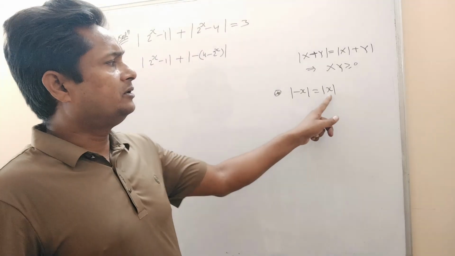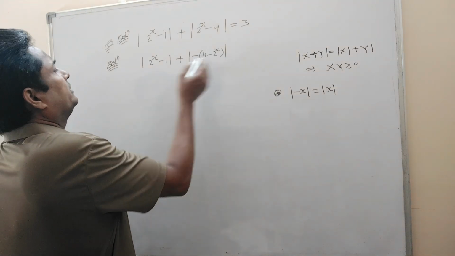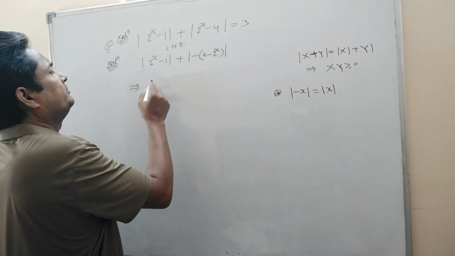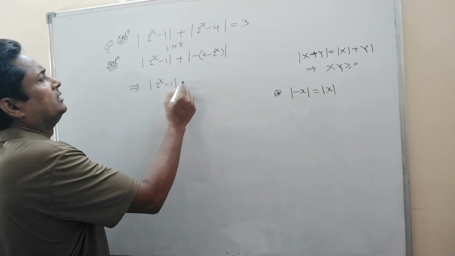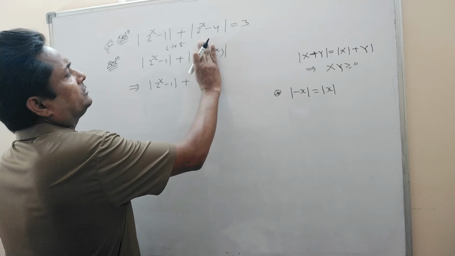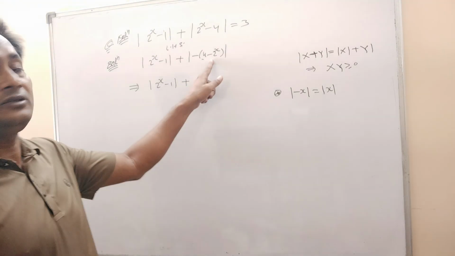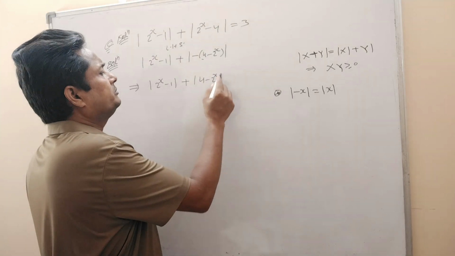Minus of x is equal to mod of x. So we can use this one. So I am checking the left hand side. This can be written as what? Mod of 2 to the power x minus 1 plus, you can take x, so mod of minus x is what? Mod of x. So this can be written as 2 to the power minus x.